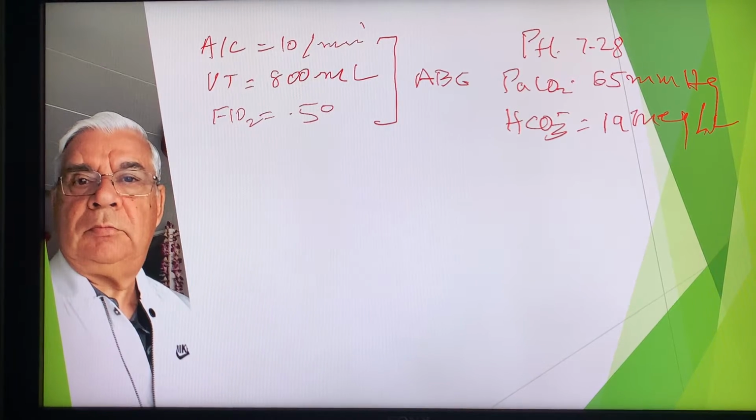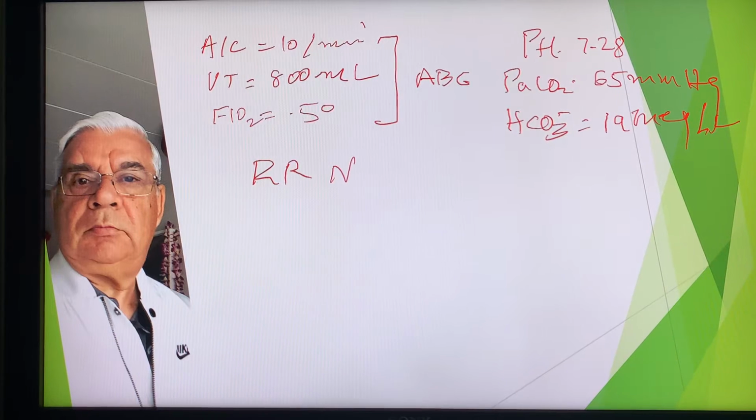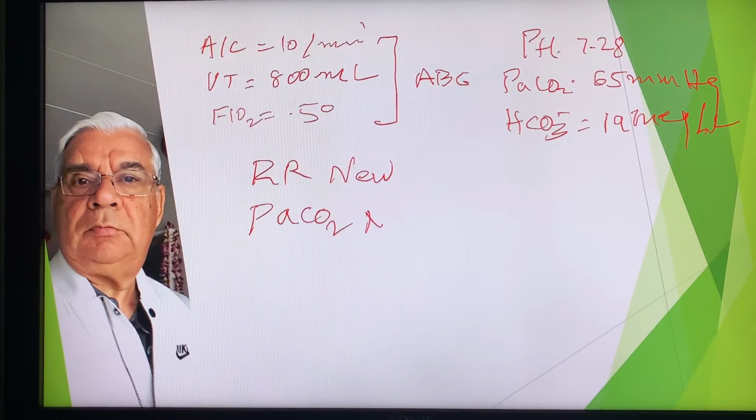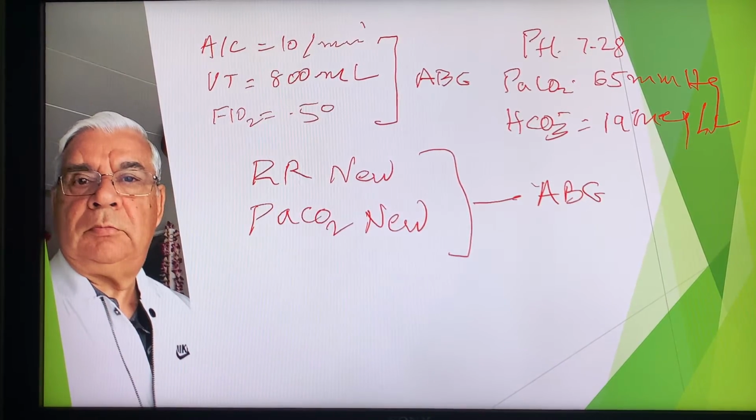We have to find out the new respiratory rate and new PaCO2 to correct the ABG, so the pH will be corrected.